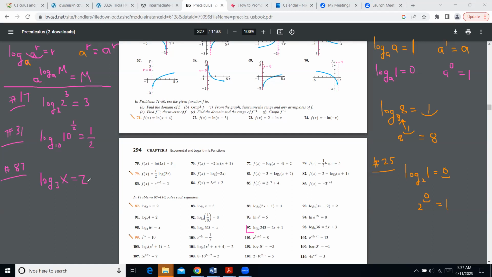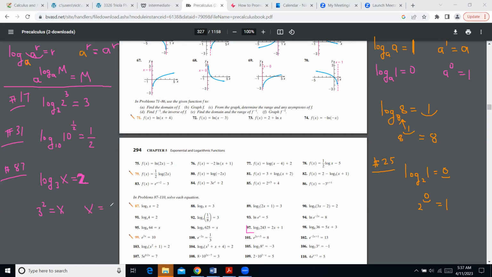All of these exercises call for one thing: get rid of the logarithm, use the definition. Write 3 as the base, the logarithm is a power, so base 3 raised to the power of 2 produces x, whatever's under the symbol of logarithm.